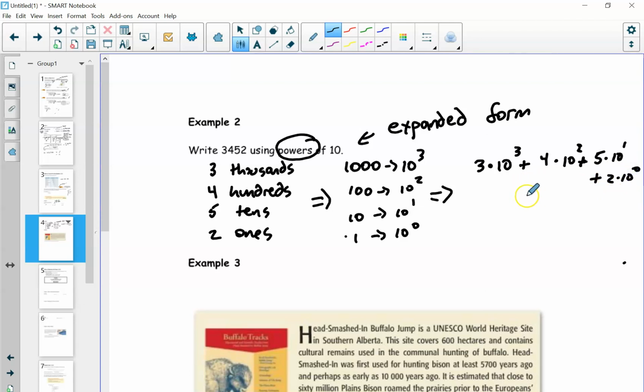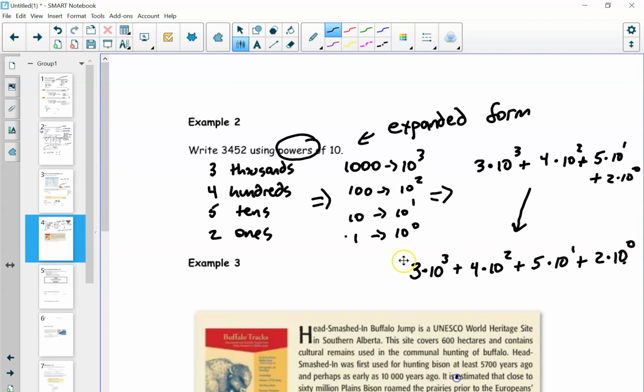So the final answer, written slightly neater: 3 times 10 to the power of 3 plus 4 times 10 to the power of 2 plus 5 times 10 to the power of 1 plus 2 times 10 to the power of 0.